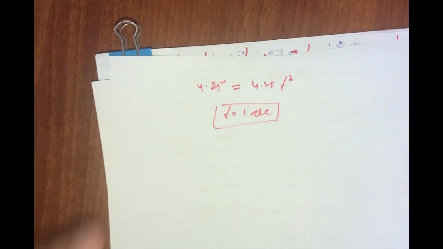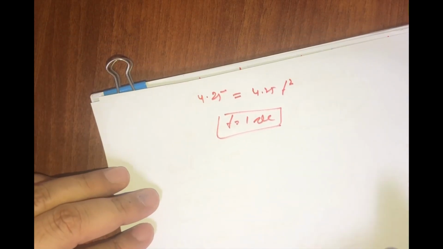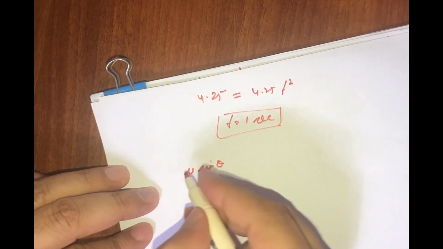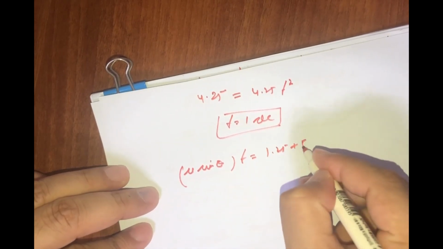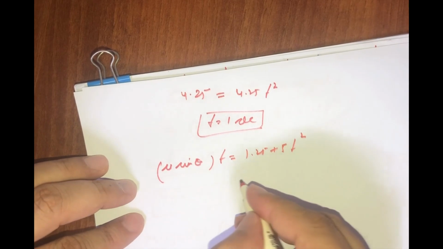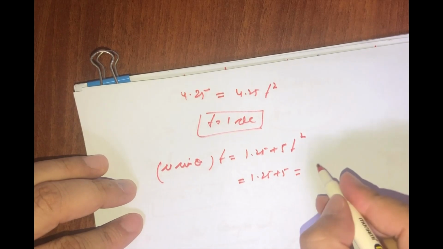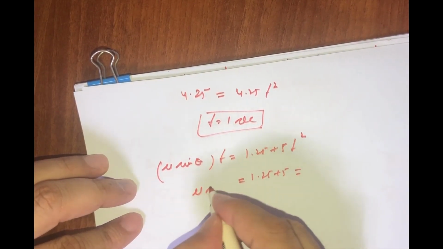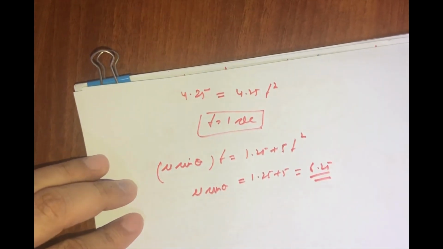So we already found out the value of t, and next we are going to use this value of t to find out both the components. So we are going to find out u sine of theta multiplied by t, which is given as 1.25 plus 5 t square. We put the value of t as 1, this is 6.25, so u sine theta is equal to 6.25.